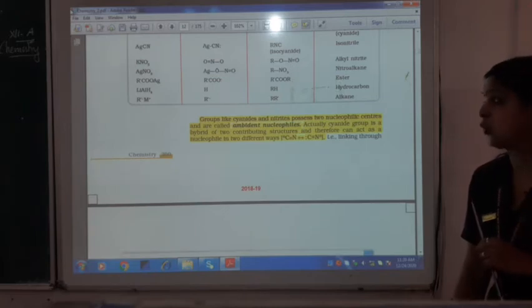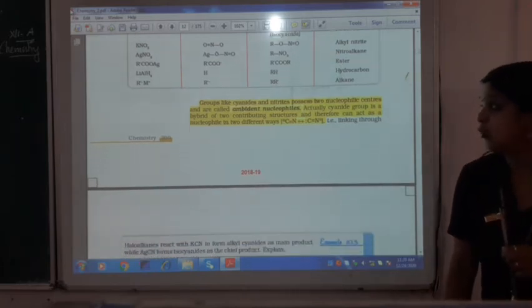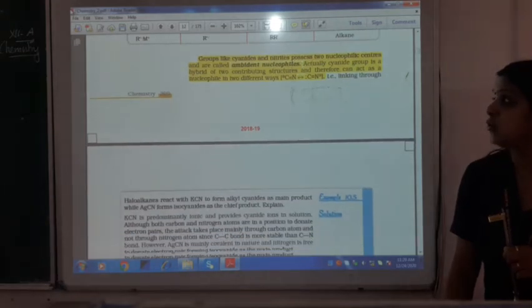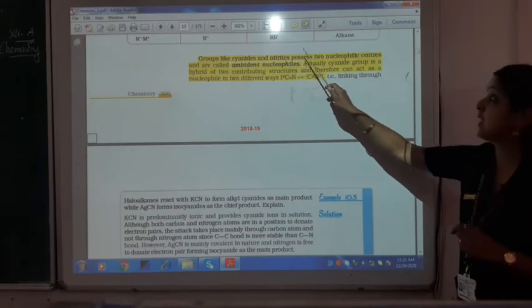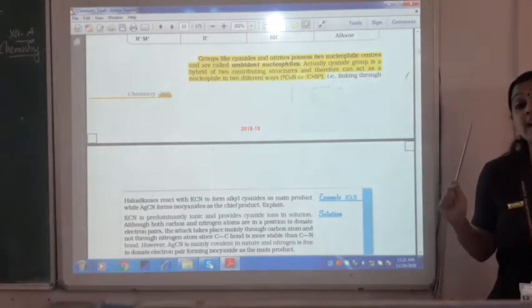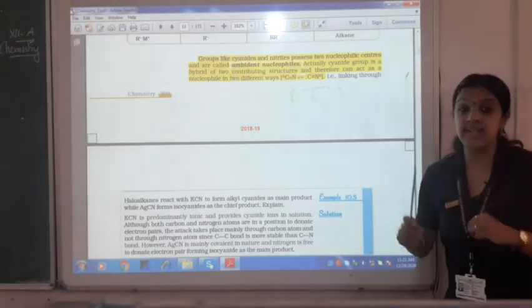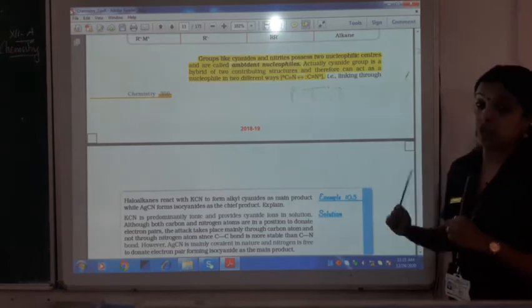Before getting into unimolecular and bimolecular, you should also learn about ambident nucleophiles. Now what are ambident nucleophiles? Groups like cyanides and nitrites possess two nucleophilic centers, meaning they can attack the carbon through two centers. Such nucleophiles are called ambident nucleophiles.